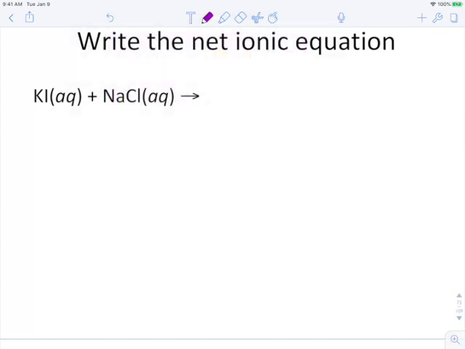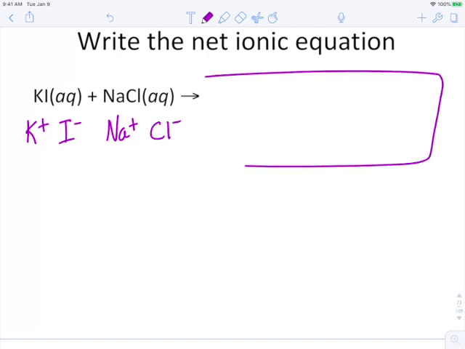So I'm going to break everything down to potassium and iodide, sodium and chloride. So what I want you to do is come up with the products and also find the state of the products. So if you're on a computer where you can get that solubility table, let me switch our share for a moment.